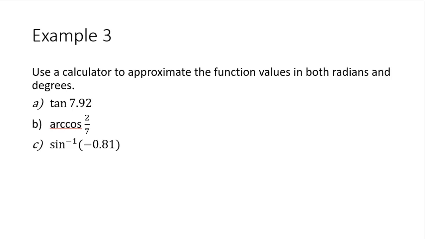Example 3. Use a calculator to approximate the function values in both radians and degrees. I'm going to have degrees here, and then I'm going to put radians over here. I am going to set my calculator so that it is in degrees.